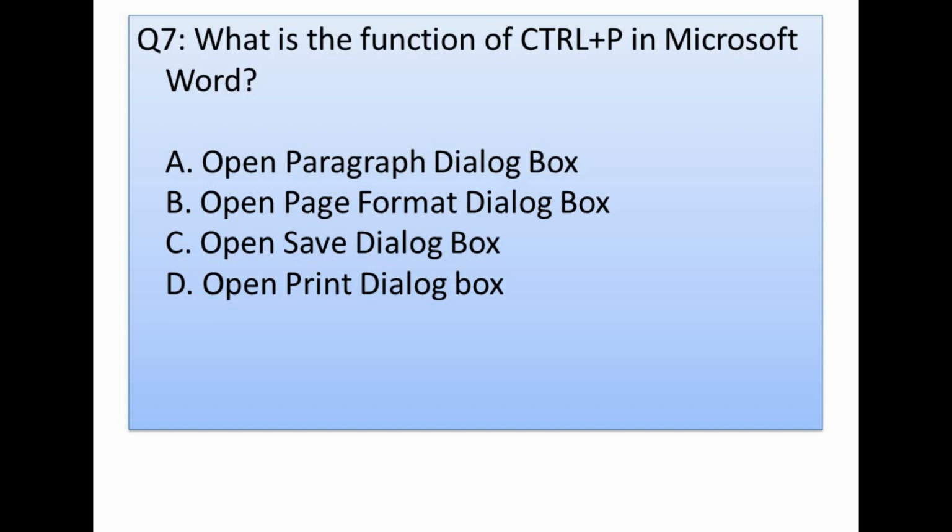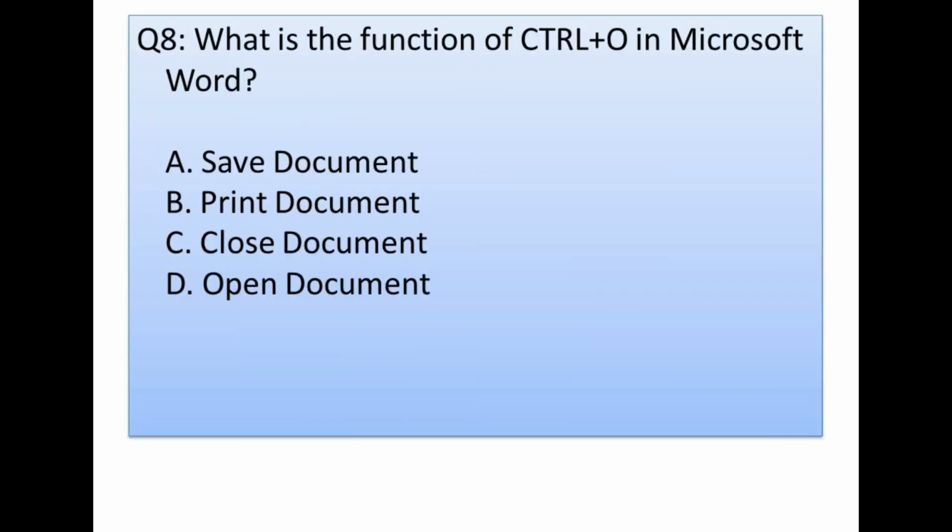What is the function of Ctrl+P in Microsoft Word? Open paragraph dialog box, open page format dialog box, open save dialog box, open print dialog box. So the correct option is D. What is the function of Ctrl+O in Microsoft Word?